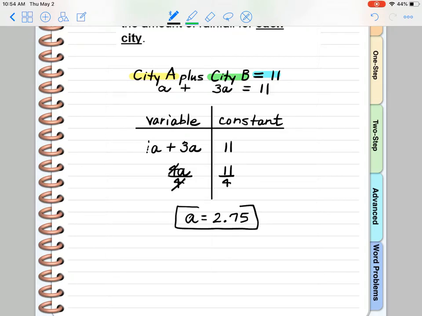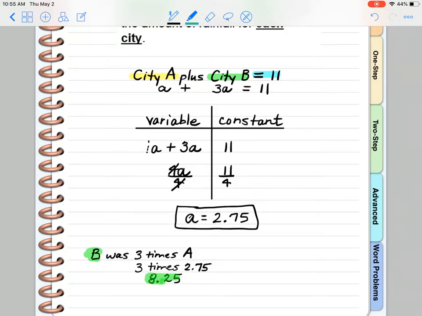Let's go ahead and mark this. And then for city B, they tell me that B was 3 times A. So we're going to say 3 times the 2.75, and that's 8.25 for city B, and that's the other part of this equation.